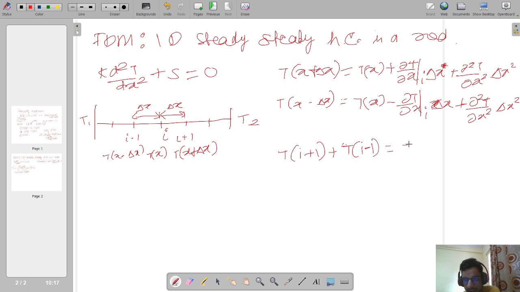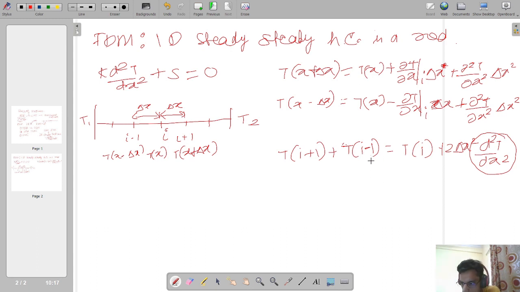All right, so T(x) becomes T(i), and this will become 2 delta x square times d square T by dx square. So we need this derivative. We'll just rearrange some things and we'll get this.